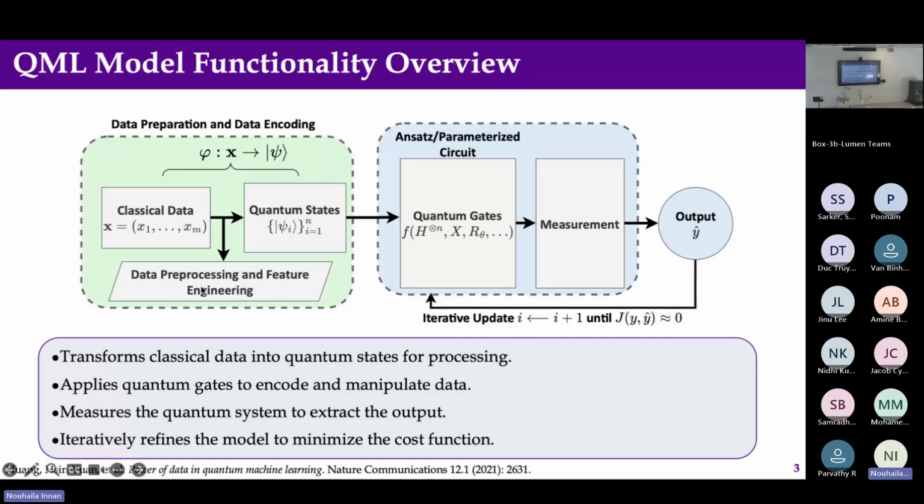Then after that, we apply the trainable quantum circuits, which we call parameterized quantum circuits, or ansatz. Then we do the measurement output. Then we calculate the loss and do iterations to update the parameters using a classical optimizer. This will probably be covered in detail in the next talk.